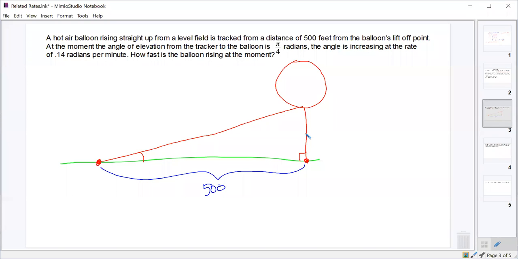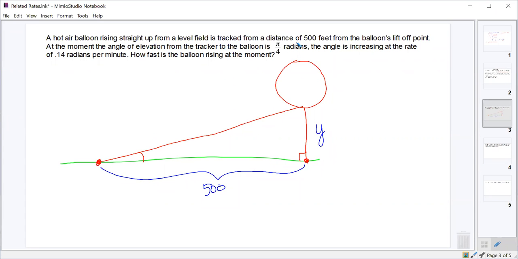Let's think about this. Is the distance here changing? Yes. Okay, let's call that, what do you want to call that? H or Y or something like that? A height? Y. Okay, so distance in the Y direction. Okay. What about this angle over here? Is this angle changing? Is the balloon rising?